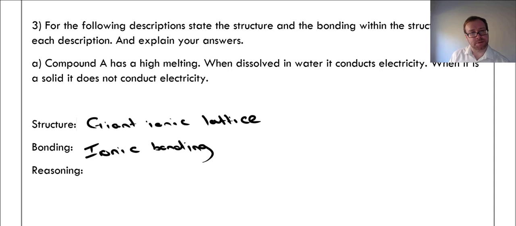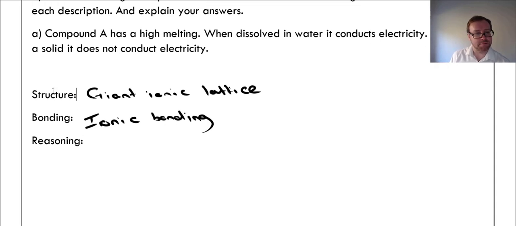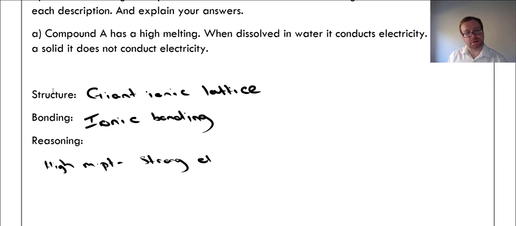And my reasoning, so I have to explain these different properties. So it's got a high melting point because of the strong electrostatic forces of attraction between my oppositely charged ions.